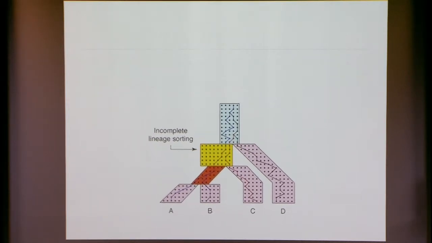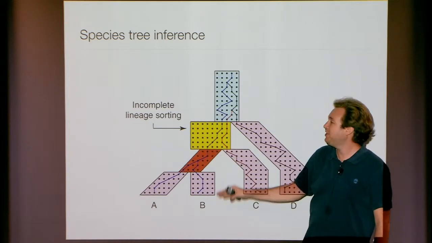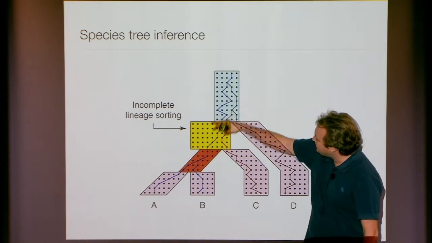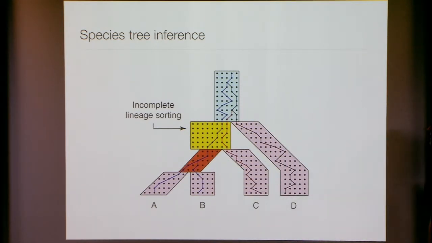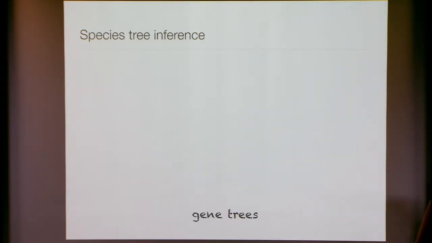Now, what we're trying to do here is to reconstruct this bold tree. Suppose that we're interested in reconstructing the species history, which is this sequence of speciation events. We don't actually get to see directly what the species tree is. Instead, we're going to look at gene trees. Right?